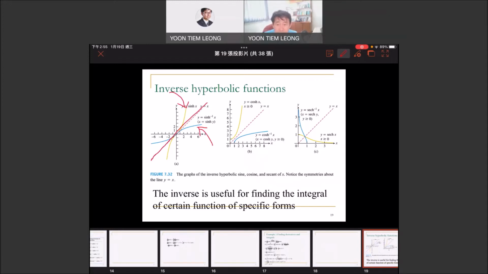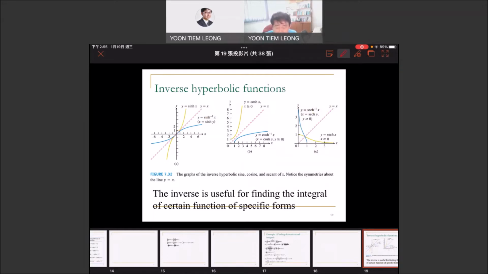So the blue function is just the inverse of the hyperbolic sine function. You can also label it by another form, x equals hyperbolic sine y. So the blue line is the inverse of the hyperbolic function.